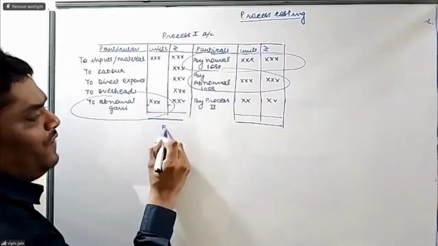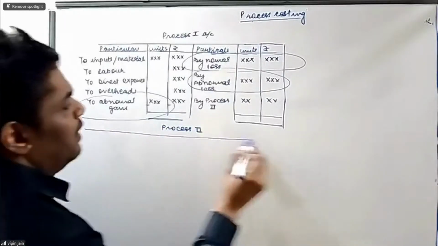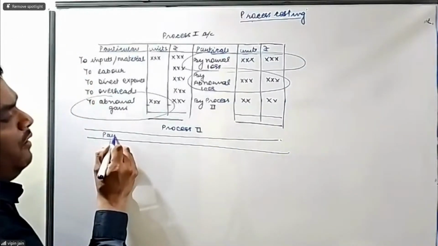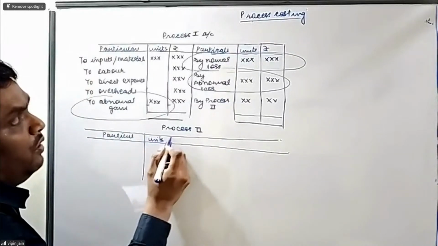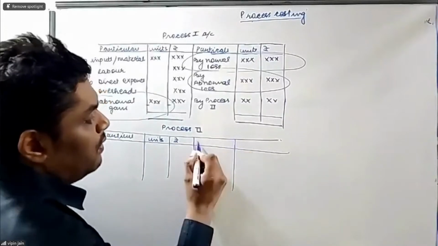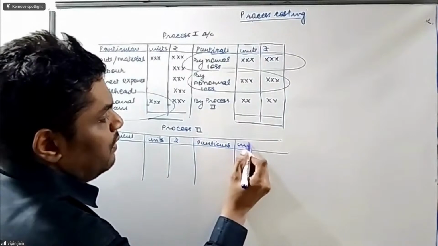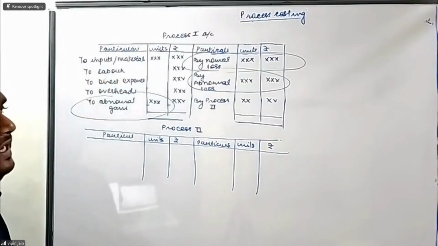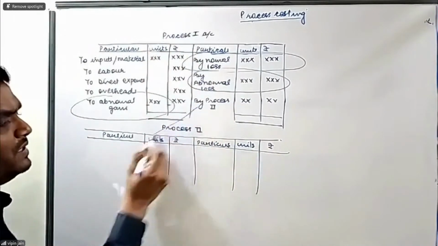Now, very important, after preparing process first account, we'll prepare process second account. Again, in the same way, particulars, units, amount, and particulars, units, and amount. Now, very important, the output of process first is transferred to process second.